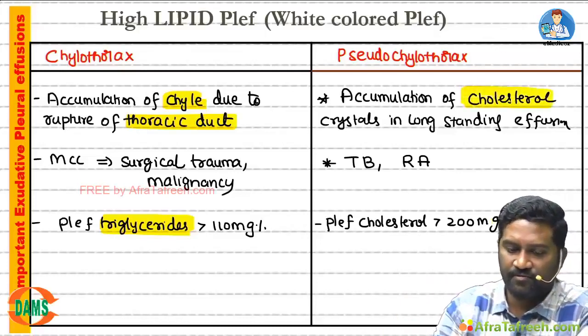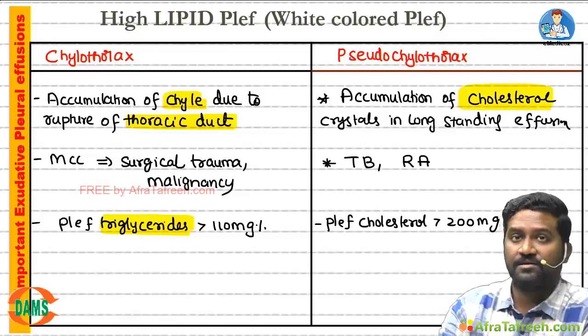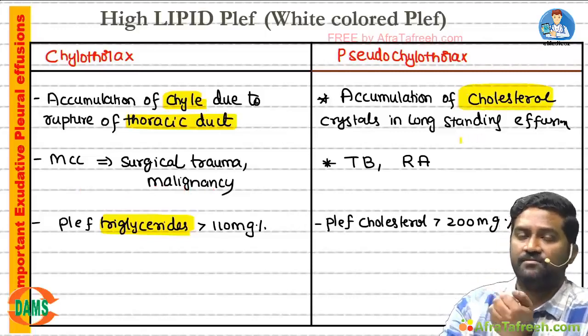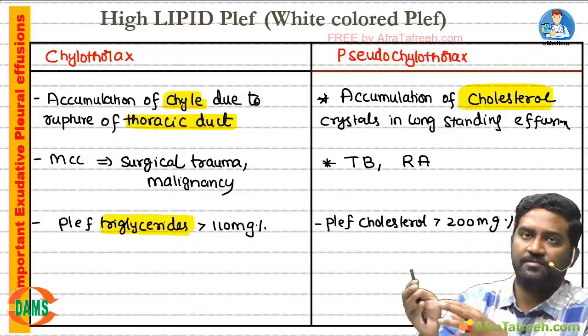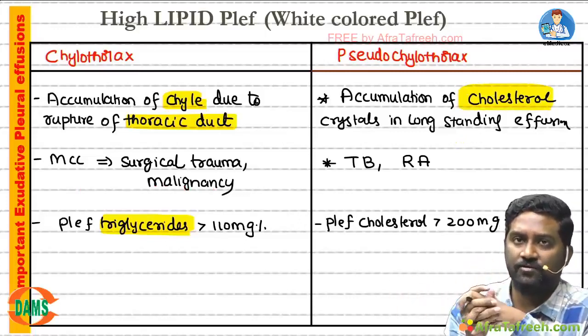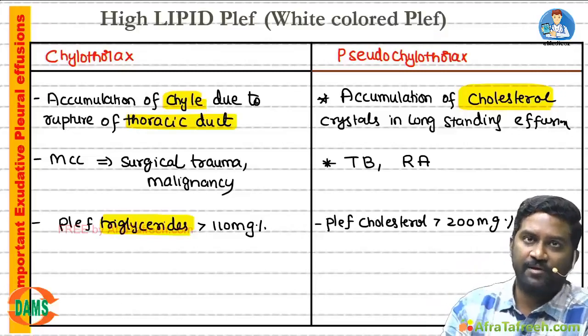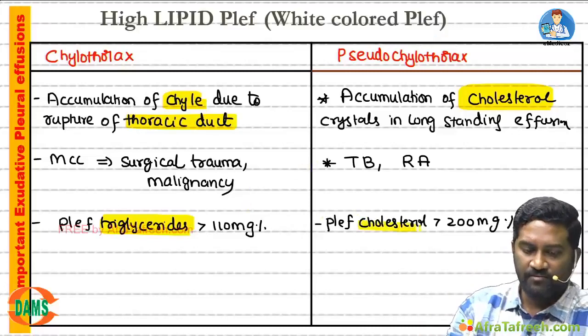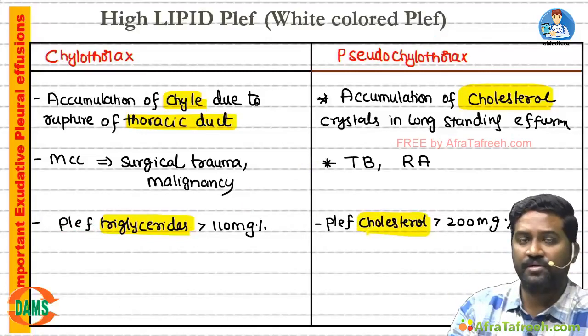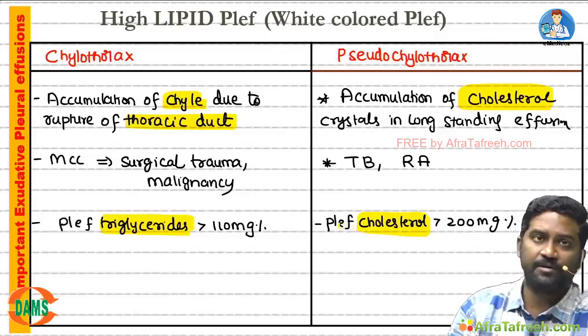So the source of the cholesterol is nothing but those aged cells. Once the aged cells degenerate and break down, there will be release of cholesterol into the effusion. It happens in tuberculosis, rheumatoid arthritis. Because cholesterol is accumulating, pleural effusion cholesterol will be more than 200 mg%.